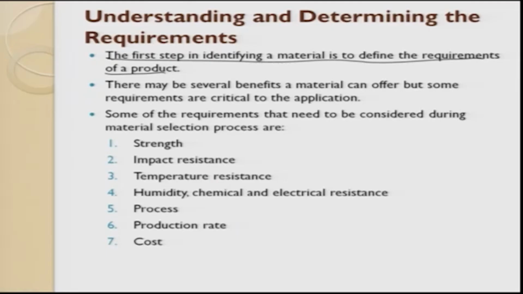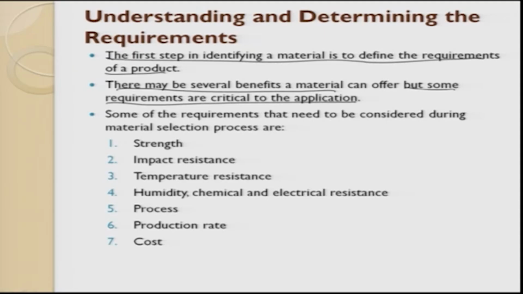The first step in identifying a material is to determine the requirement of the product. Once that is done, then the next step becomes very easy. There may be several benefits a material can offer, but some requirements are critical to the application.